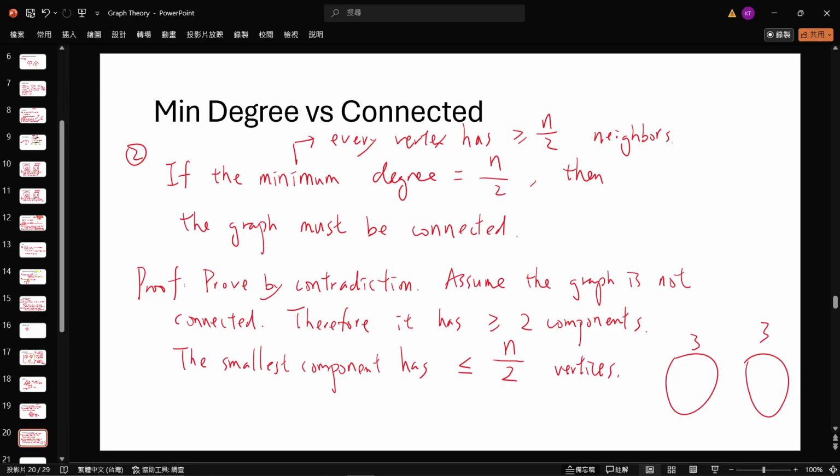For the case of n being 6. So we have a component of size 3, another component of size 3, okay? So we know that this yields a contradiction because this minimum degree is at most 2, okay? So the minimum degree is very small, okay, compared to this one, okay?